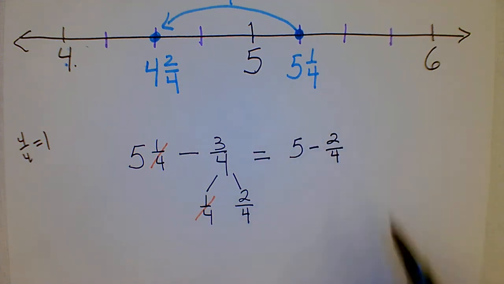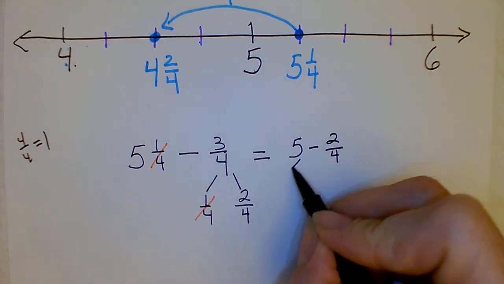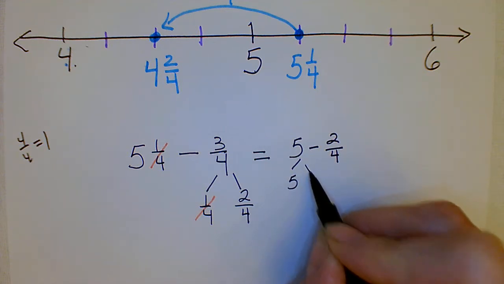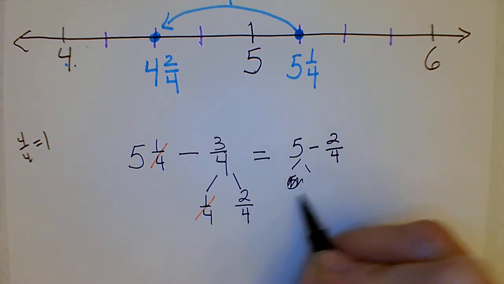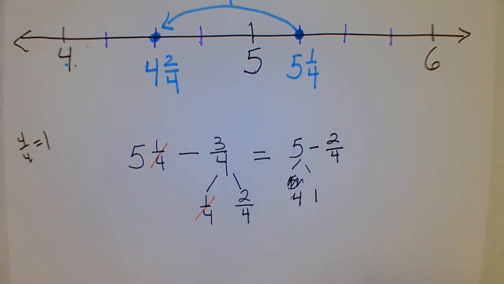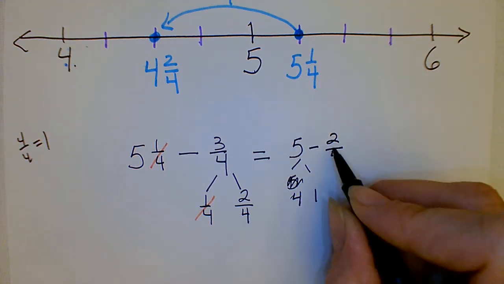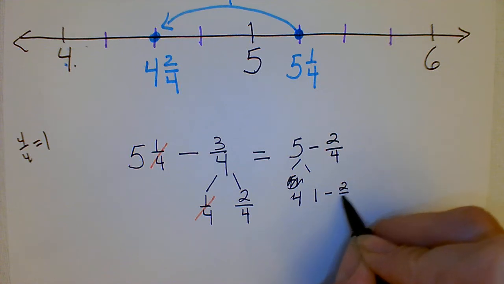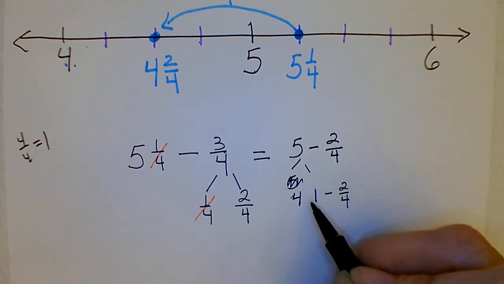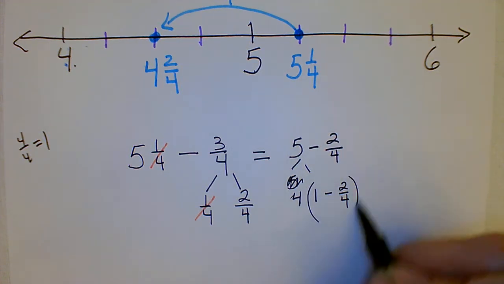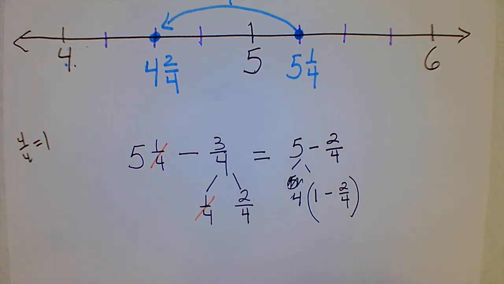And then what I can do is take this 5, and remember I can turn it into 4 and 1. So those are both together still. And then I'm going to subtract that 2/4 from it. So I can work with this 1 minus 2/4 part. Now remember, I'm just going to put the 4 still here.